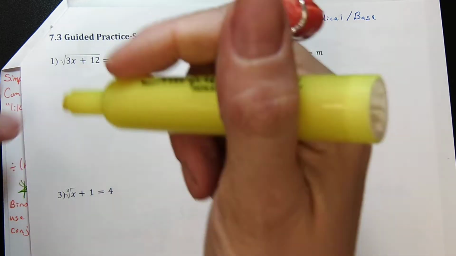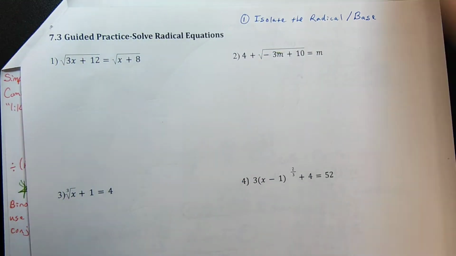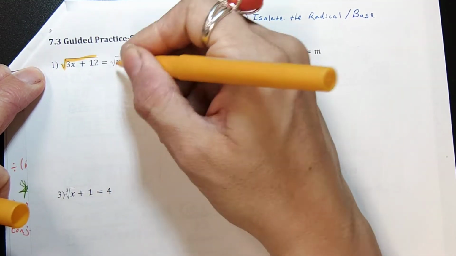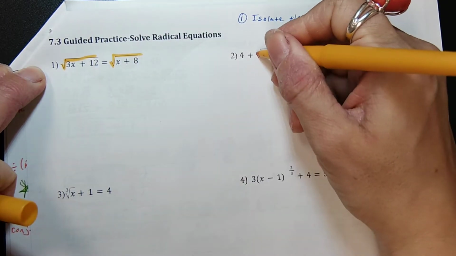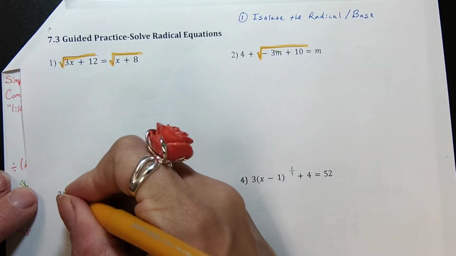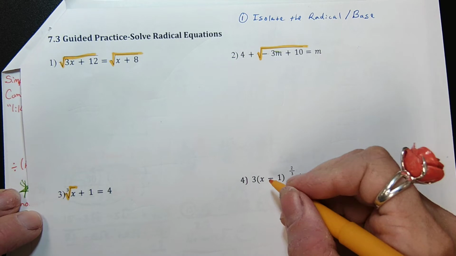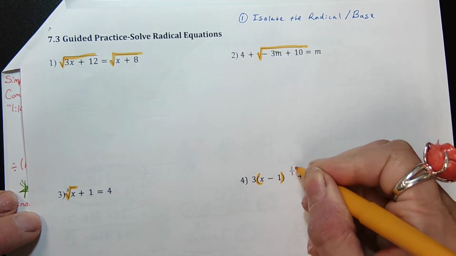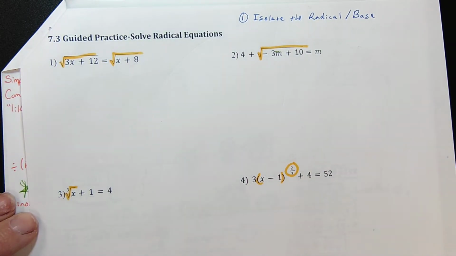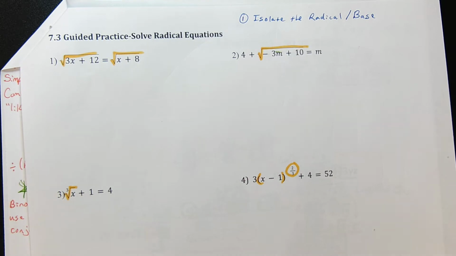Our radicals on the first one, there's actually 2 of them. So here and here, radical right here, cube root right there. And then this is the base that's attached to that exponent. So that's always going to be our first step, isolating the radical or the base.